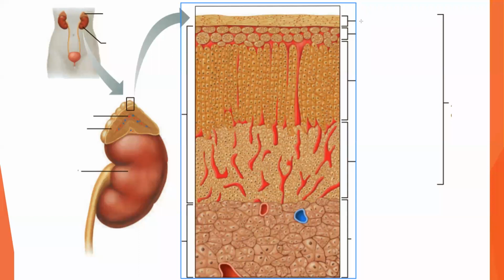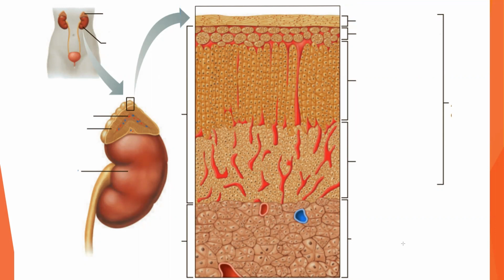So it would be this area here. Okay, very good. That would be your capsule. Once again, that is your capsule. Let's move forward to the next section of your adrenal gland.